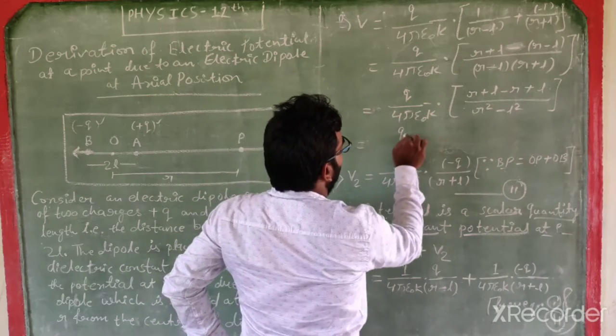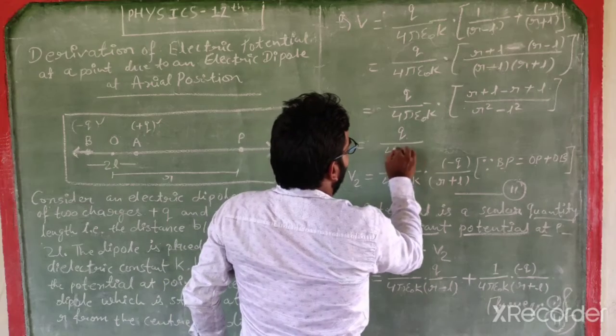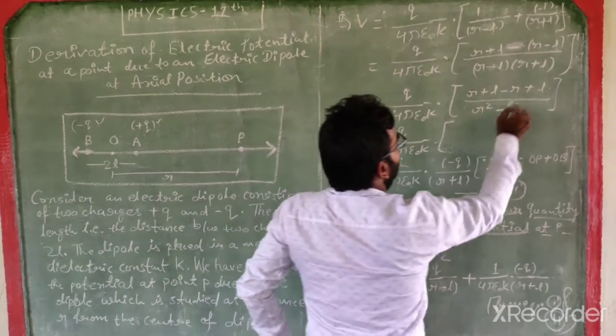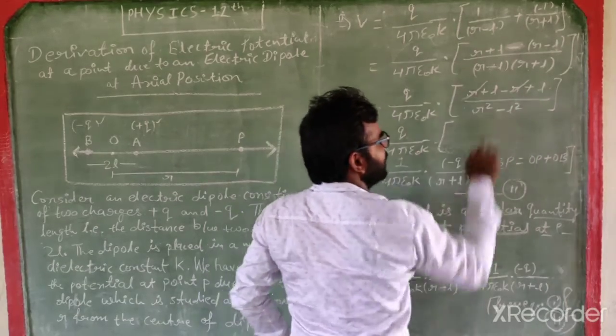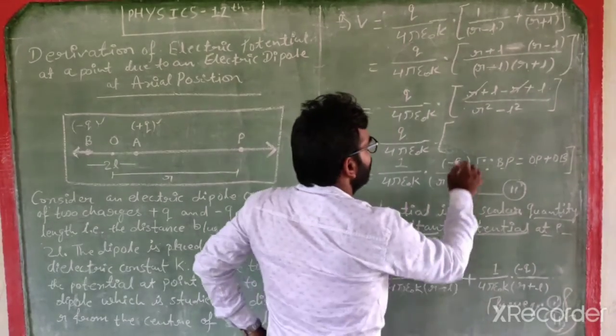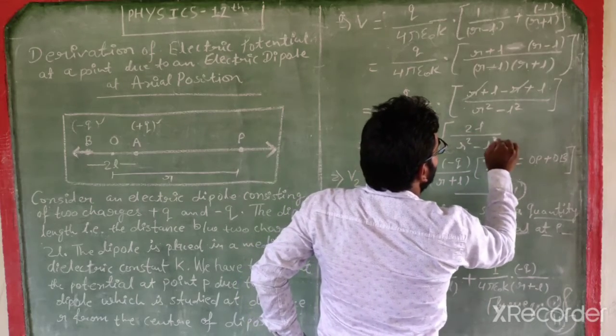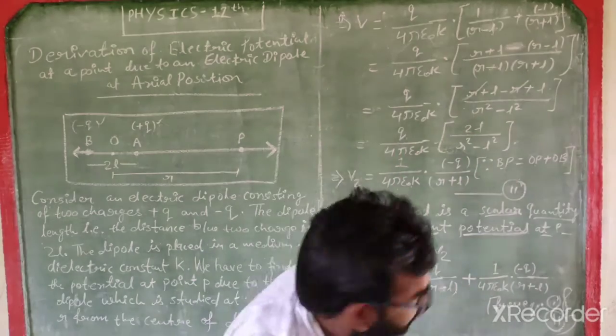And Q upon 4 pi epsilon naught K into R minus R is cancelled, so we have 2L upon R square minus L square.